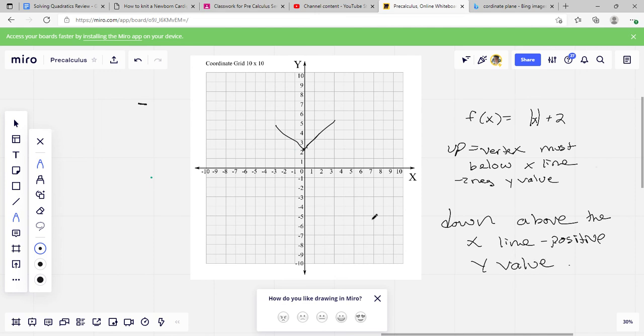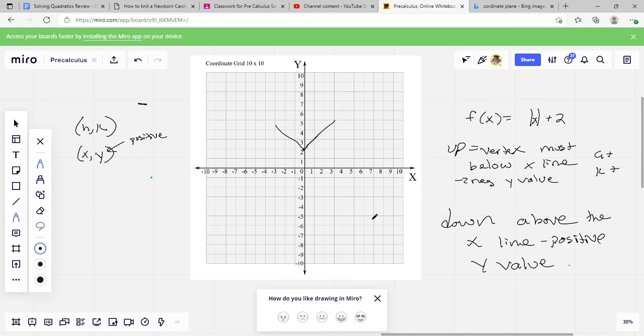right? So for it to be facing up, that means A is positive, right? Our y value is going to be, let's see, HK is our vertex, and our vertex is at x, y, that means K is going to have to be positive, right? So that would be K positive. No, negative.